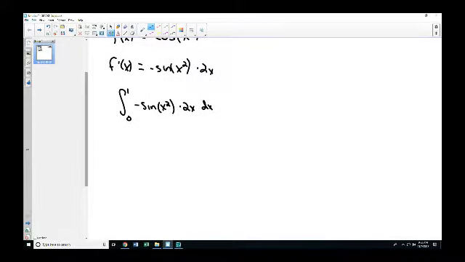So if we have some function, recognizing that we have a chain rule derivative here, u is x squared. What's the derivative? 2x. Is it dx as well? Yeah. Flip the other way and switch it to du.